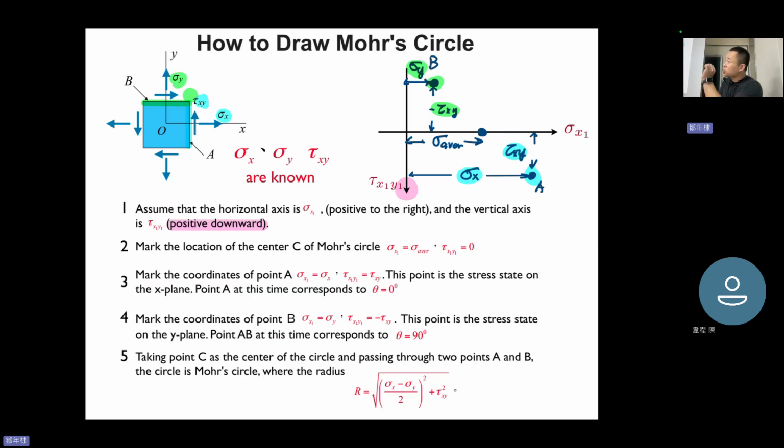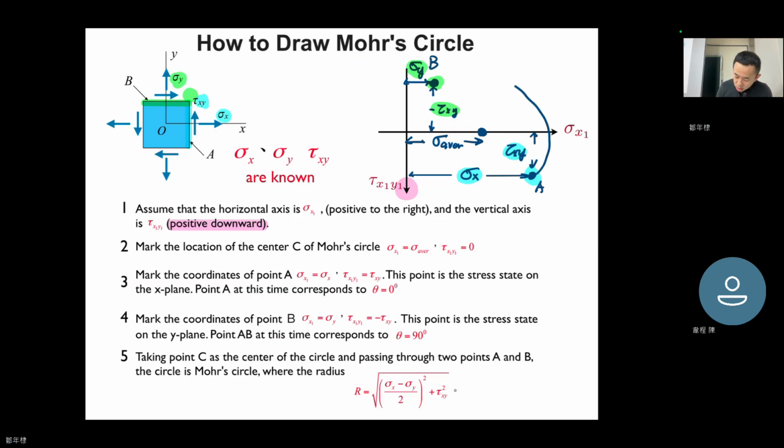And the coordinates of the points in the Mohr circle will correspond to the stress state, tau xy and sigma x, or sigma y, okay, on that plane. Now, we are kind of ready, right? Because we set 2 points.